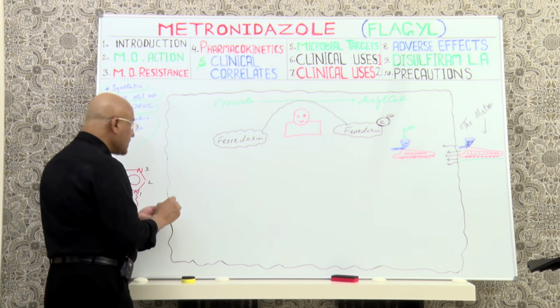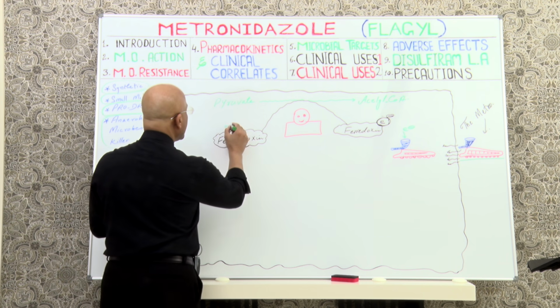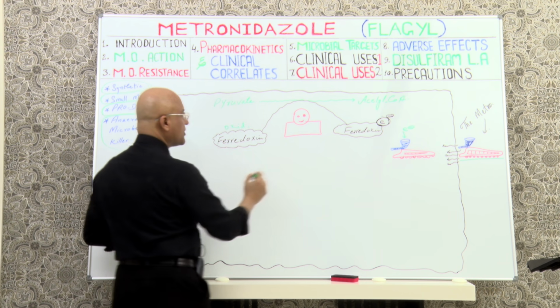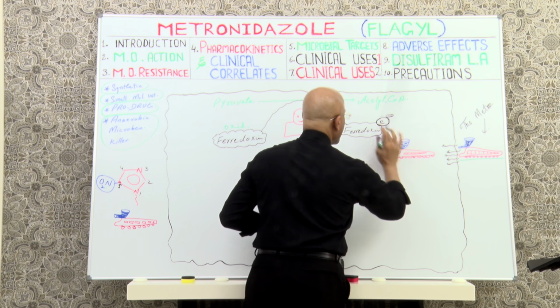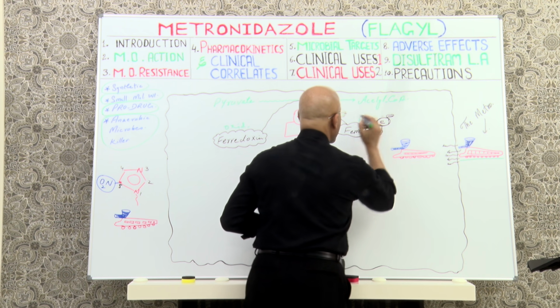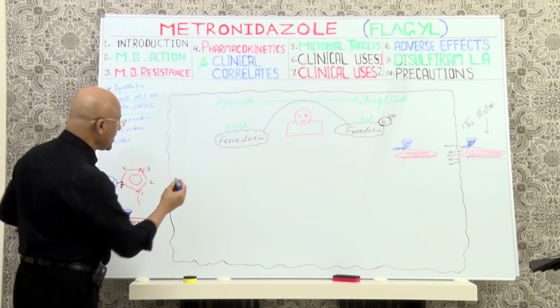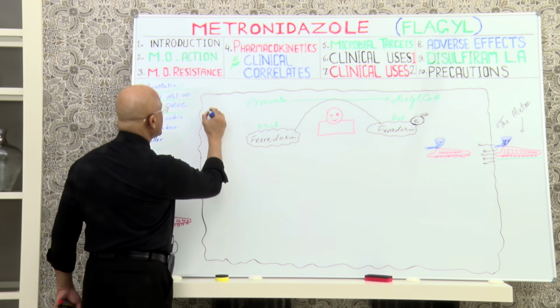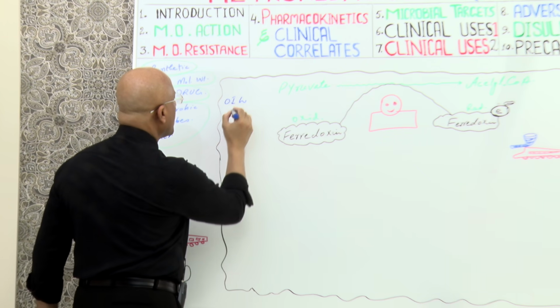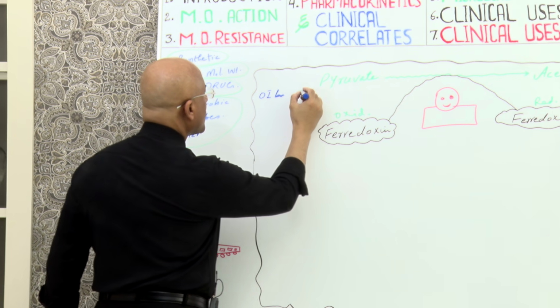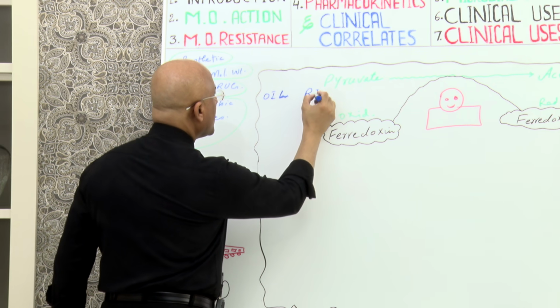Now, this is the oxidized form of ferredoxin. This is the reduced form of ferredoxin, right? Let's go to the very basics. You must know the concept of the mnemonic OIL RIG.